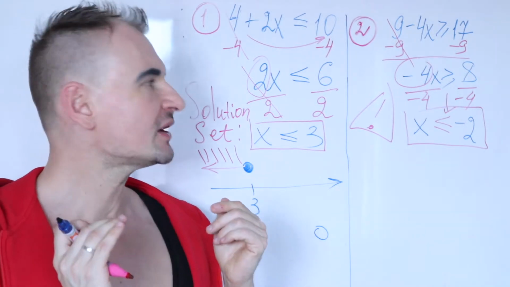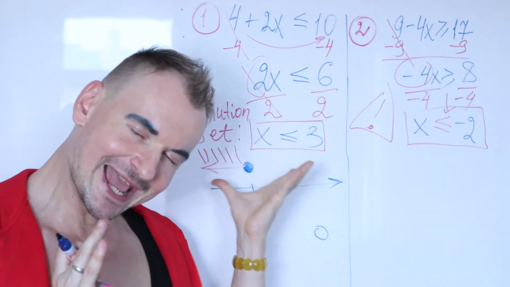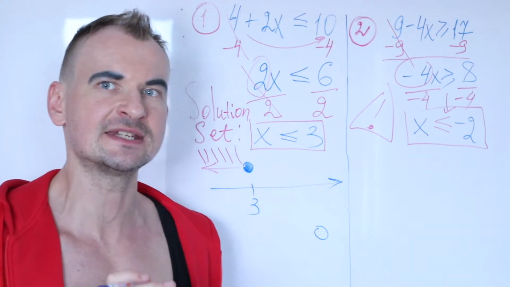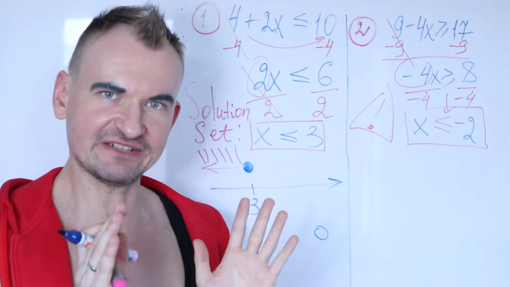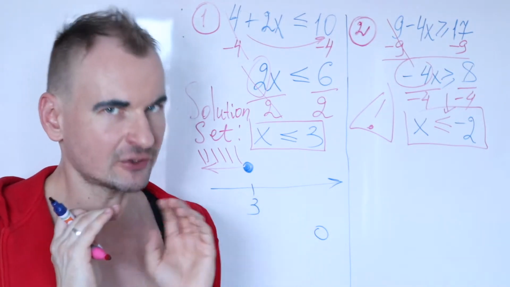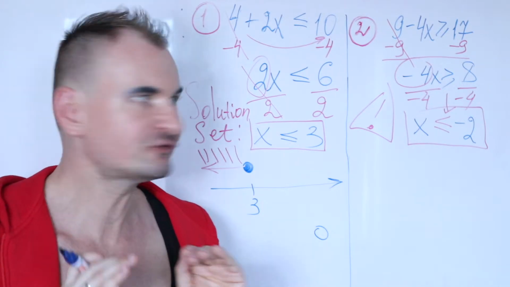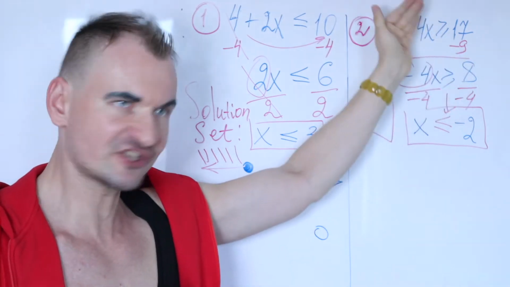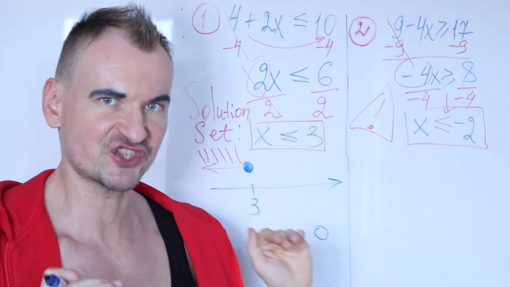Whereas if you add or subtract both sides of your inequality by a positive number, nothing changes. It's unaltered. So you don't have to change the sign like we did here. When we subtract 4 or we subtract 9, we still keep the same sign.